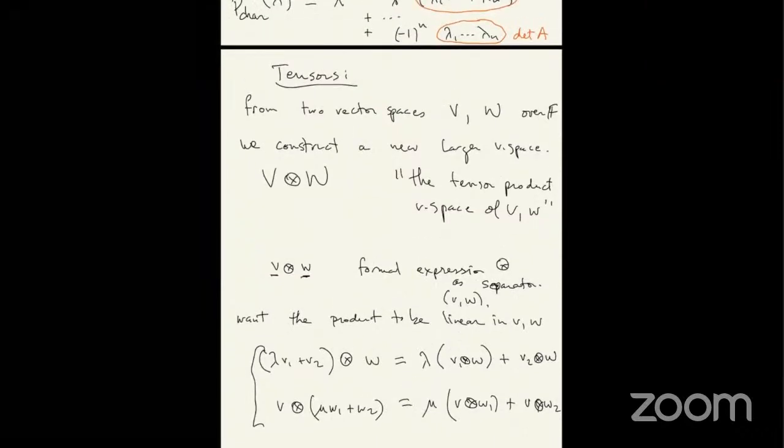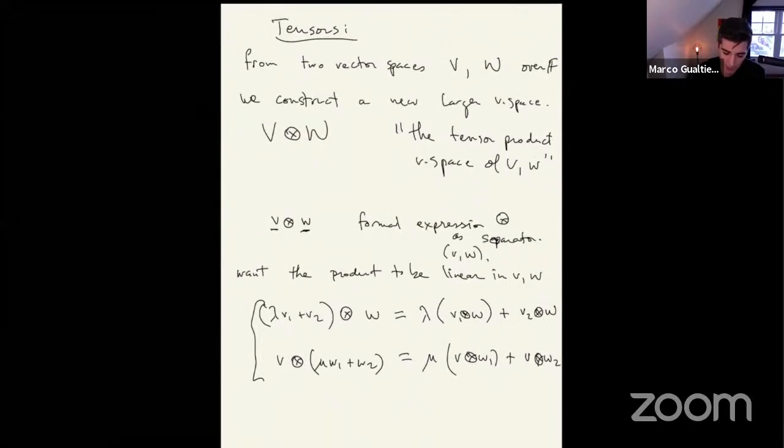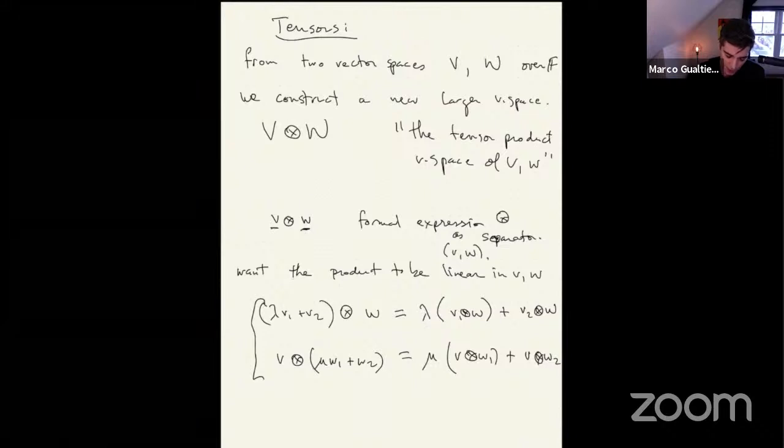You need to be able to take a constant out and put that constant into the other side. So this constant has to be good for multiplying on the V's and on the W's, so it has to be the same field.